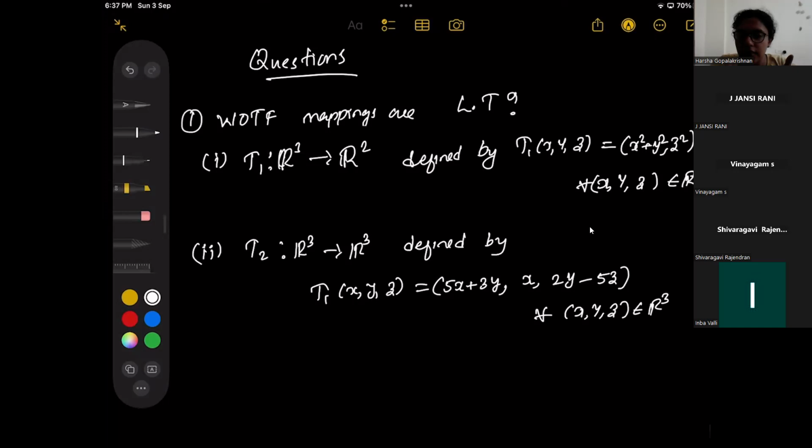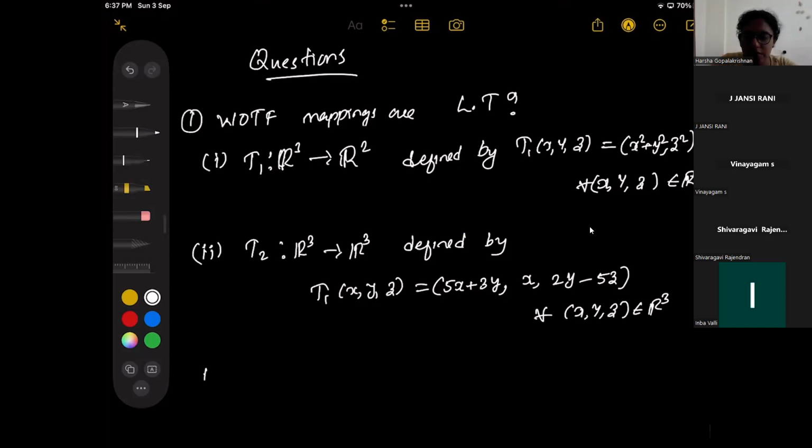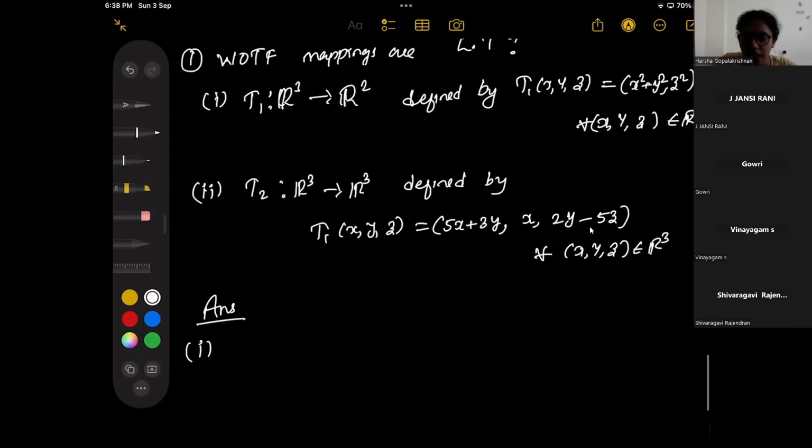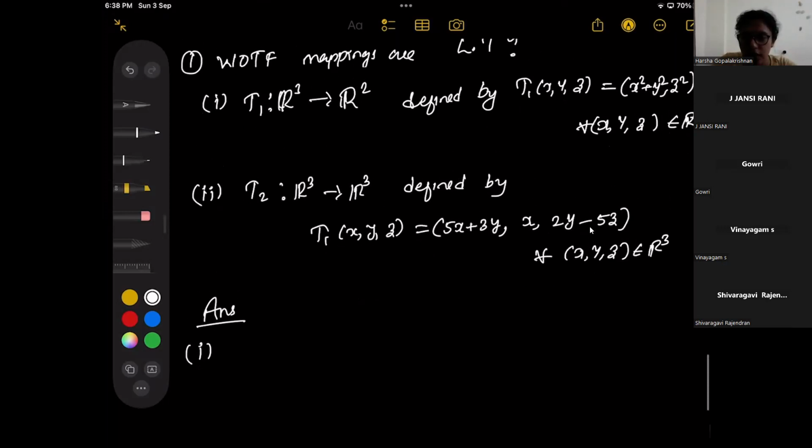So what is your guess about the first transformation T1? Any guess? You can just make a guess actually. No, ma'am. No. Can you tell the reason also? Or any counterexample, like why it is not linear?